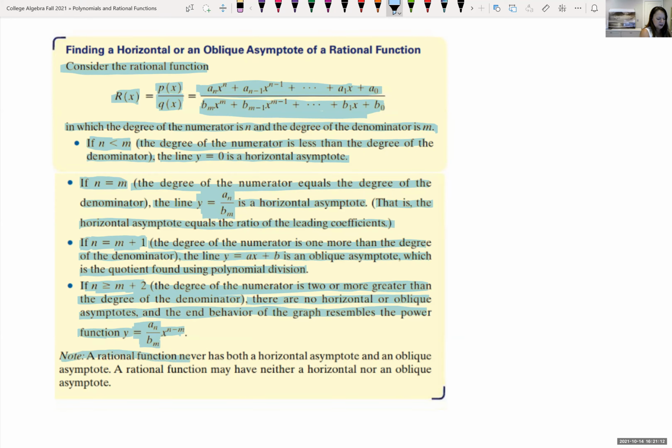So note, a rational function never has both a horizontal asymptote and an oblique asymptote. And a rational function may have neither a horizontal nor oblique asymptote. So to find the horizontal asymptote, we have to look at the degree of the numerator and denominator. So let's put this together and graph a rational function.